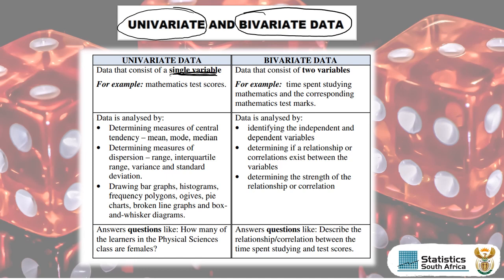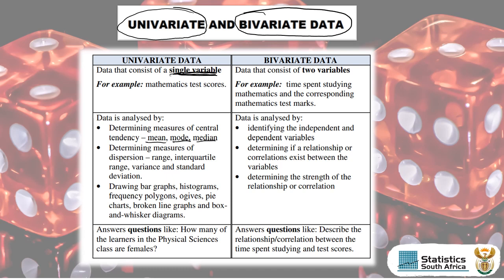So this kind of data is analyzed by determining the measures of central tendency. We've seen you were asked to calculate the mean, mode, median, right? So those are the measures of central tendency that were used to analyze that kind of single variable data or univariate data.